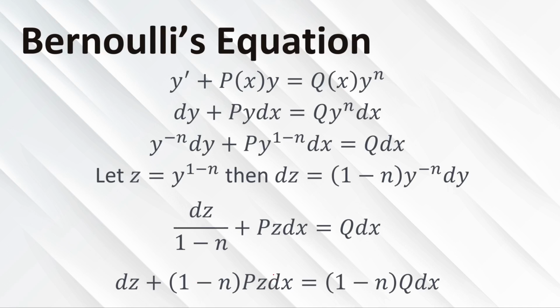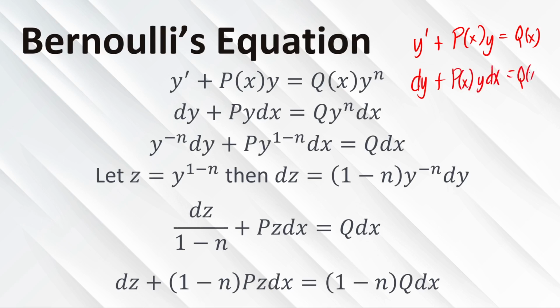Kamukha na siya ng first order linear differential equation. Diba, kung matatandaan niyo yung first order linear differential equation, y prime plus p of x, y equals q of x. Or kapag ginawa natin siyang in terms of dy dx, dy plus p of x, y dx equals q of x dx. This is linear in y.